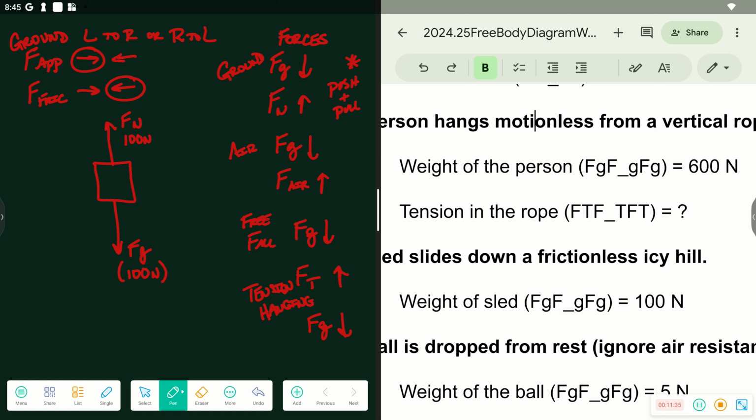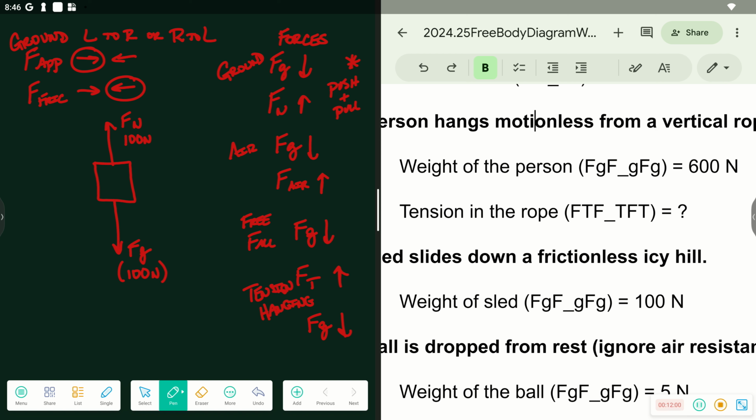If something is in motion down a frictionless hill, doesn't matter if it's icy, doesn't matter if it's anything, and there's no friction and there's nothing applied to it, what's it going to continue to do?